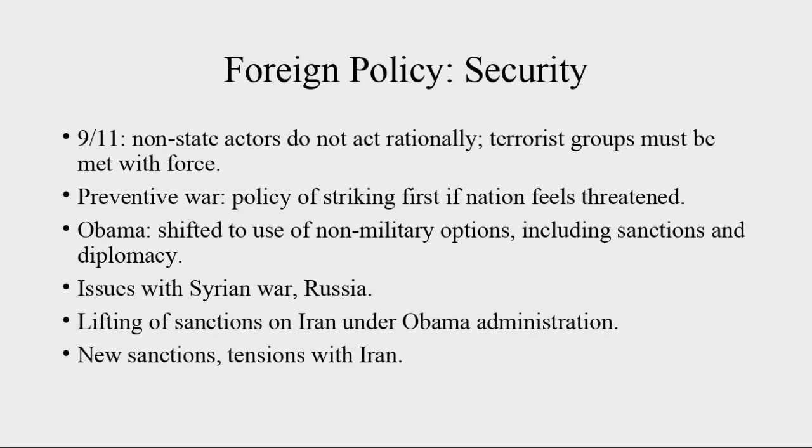Okay, so the rational actor model essentially says that you have to know that the United States will respond with force if attacked, and that our adversary is capable of rationally assessing the costs and risks of attacking the United States. So essentially, the rational actor model assumes that anyone who attacks the United States is capable of rationally thinking about the pros and cons of doing so.